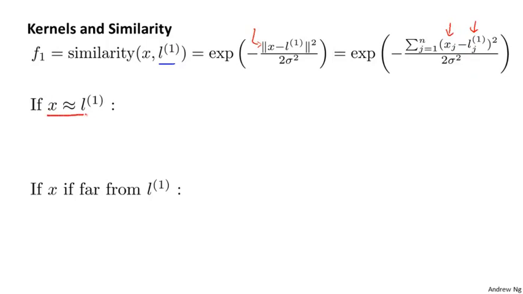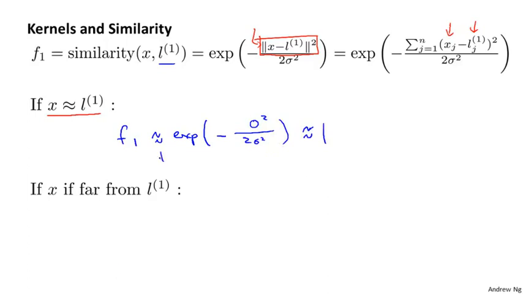Suppose x is close to one of the landmarks. Then this Euclidean distance formula in the numerator will be close to 0, right? So the square distance between x and L will be close to 0. And so this feature f1 will be approximately e to the minus 0 squared over 2 sigma squared, so e to the 0, which is going to be close to 1.